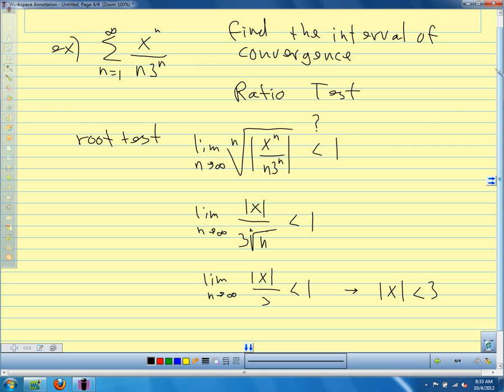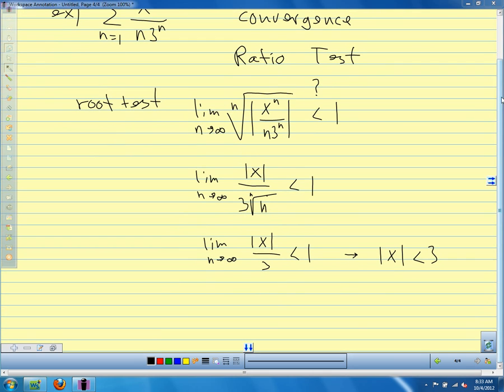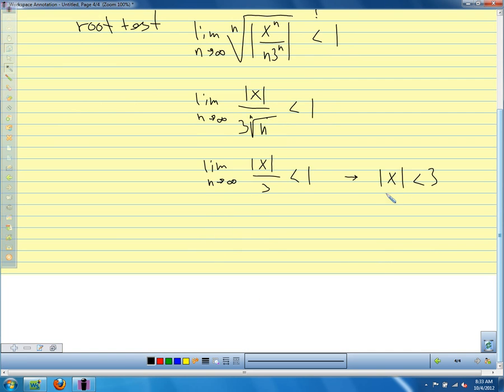All right, let's look at the ratio test. I just had to remember how to take nth roots, right? So let's look at the ratio test. Let's remember this result. For the ratio test, we're looking at the limit as n approaches infinity.